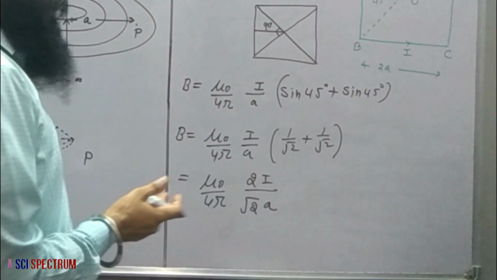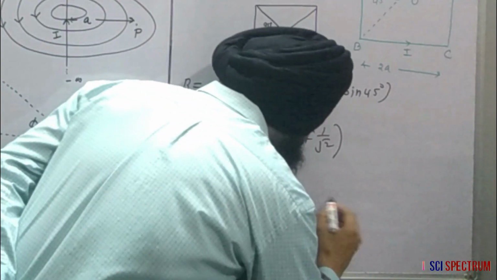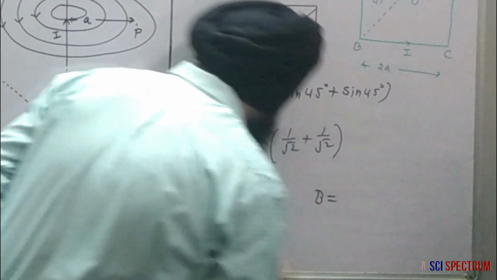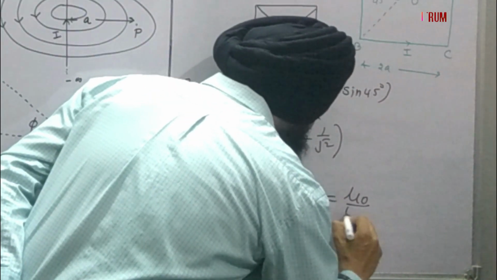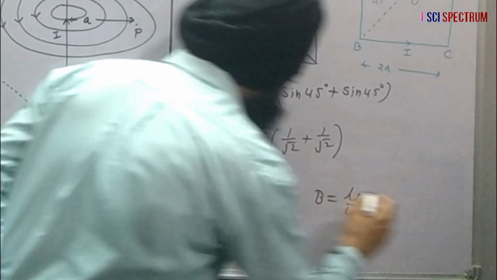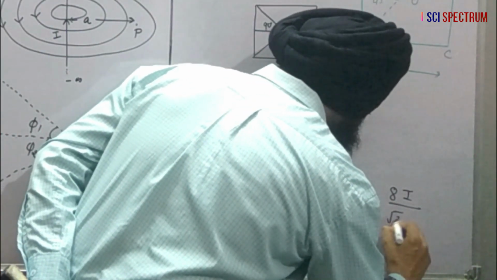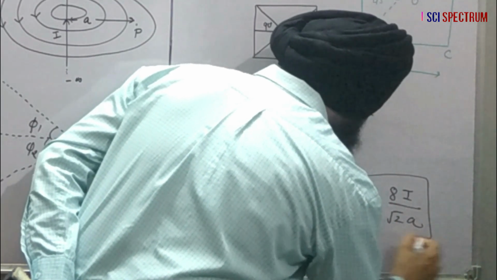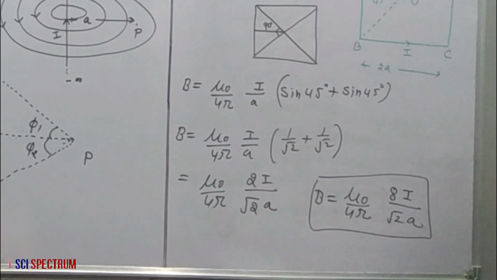So this is the magnetic field due to one straight conductor. If I multiply this field by 4, I will get the total magnetic field due to the whole square. So the value of the magnetic field is 4 into 2I, which is 8I upon root 2 a. This is the value of the magnetic field due to the straight conductors.